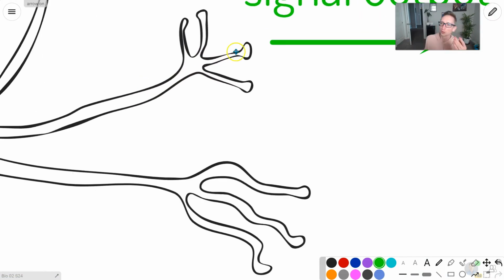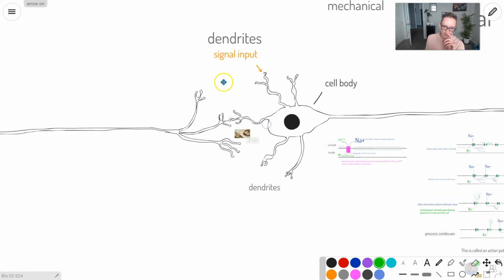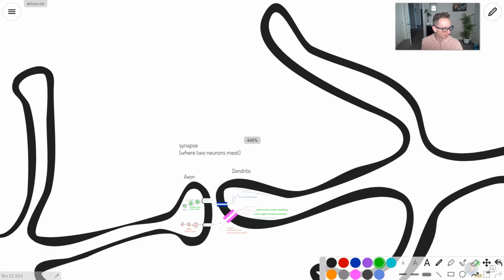We got neurotransmitter release, sodium channels opening up, and so on and so forth. This will be the end, and this part's just some little typey type notes.